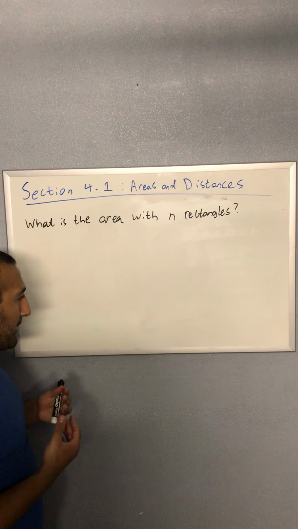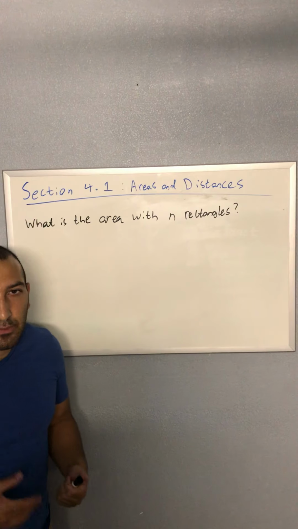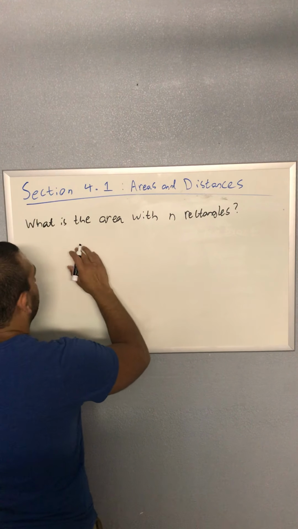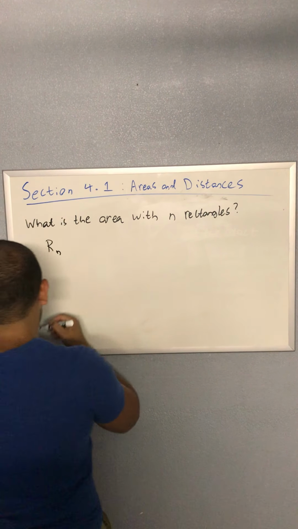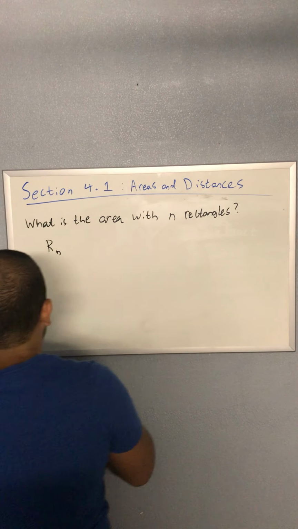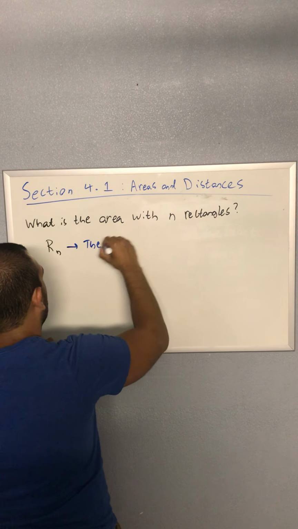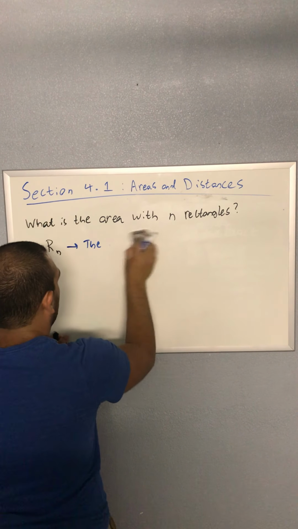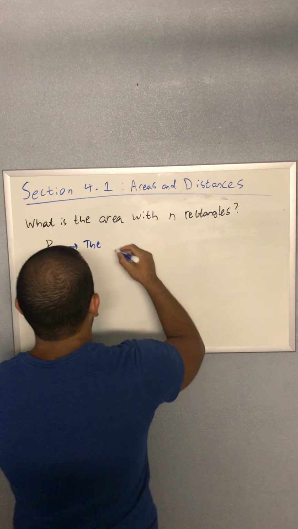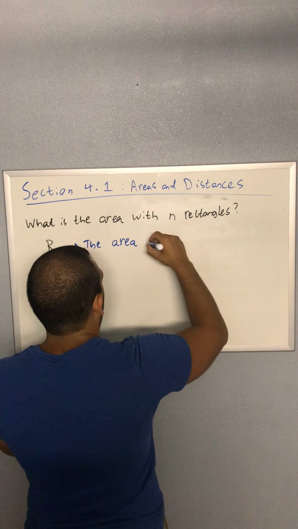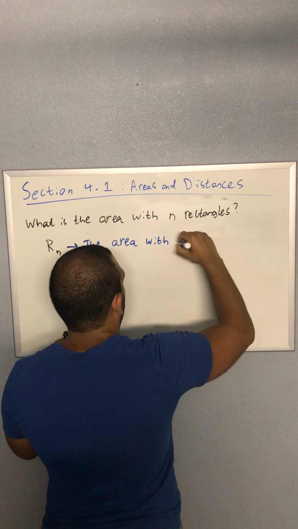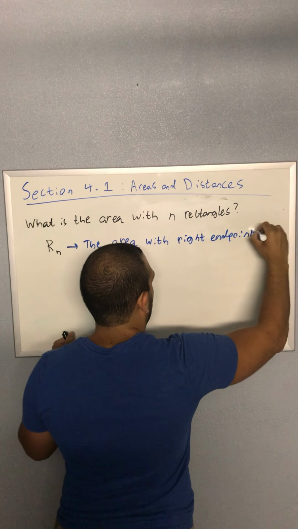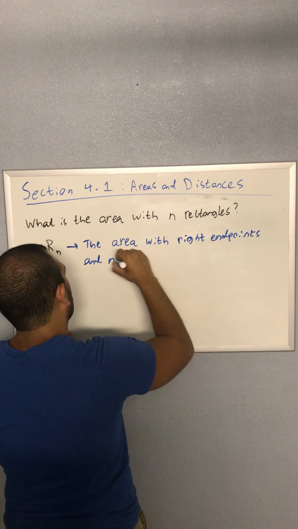And then there's somewhat of a notation that we use for all of this. So R sub n, what does that mean? This is the area with right endpoints and n rectangles.